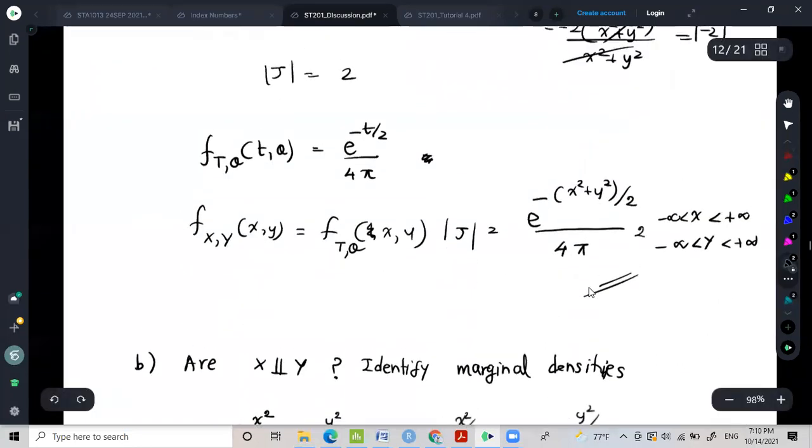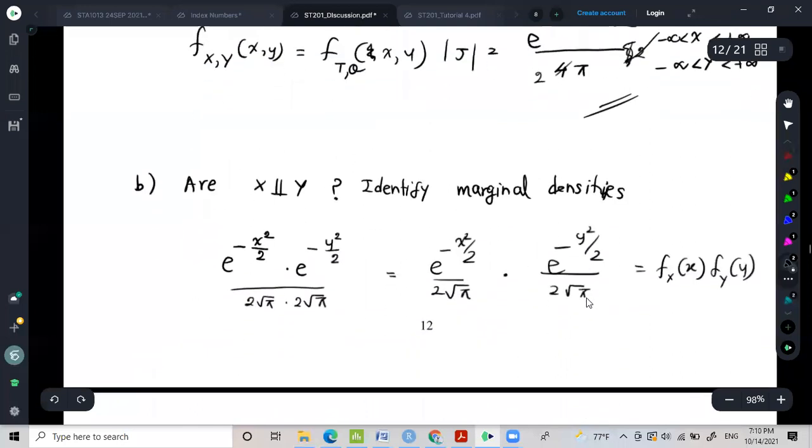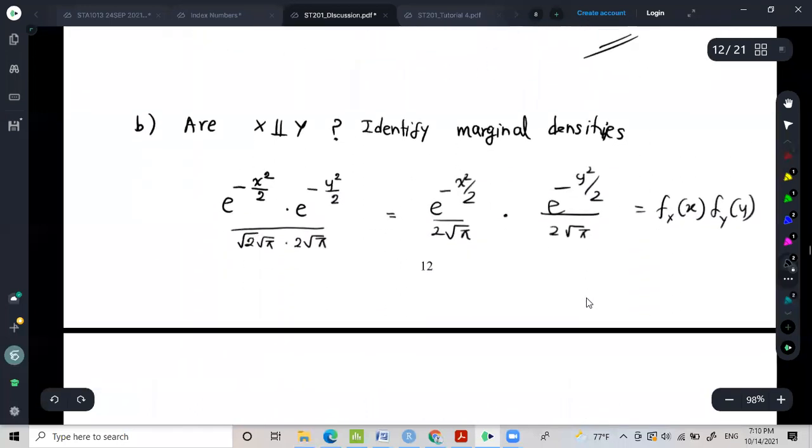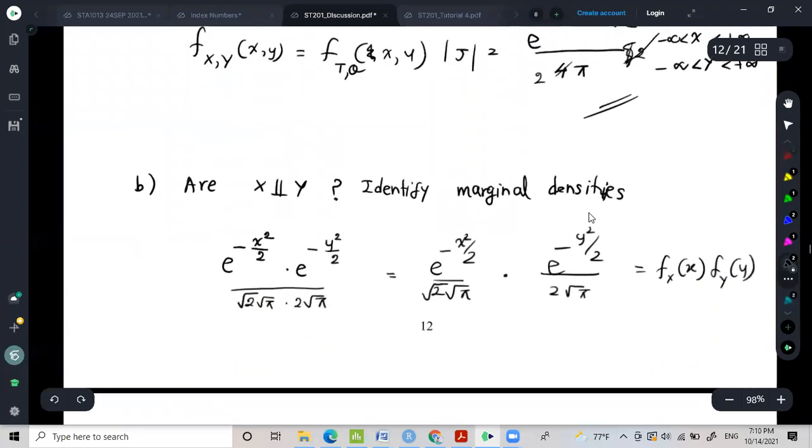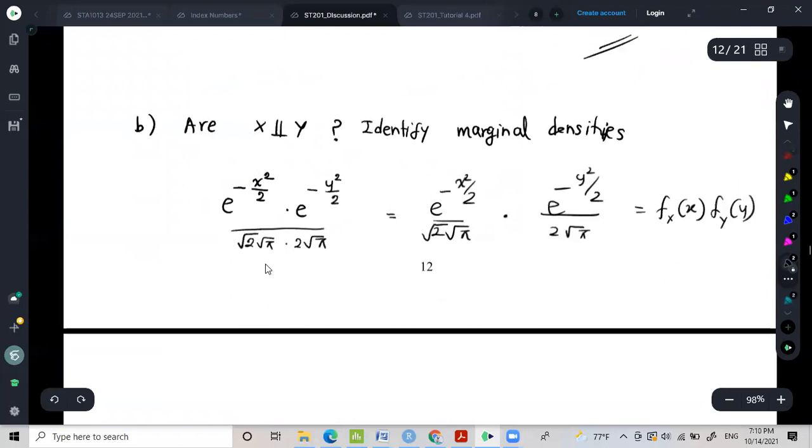So you have the Jacobian 2 here, and then you have the square root here. So now it is okay. We missed the Jacobian multiplication by 2. So the 2 cancels out, and you have the square root of 2 pi.